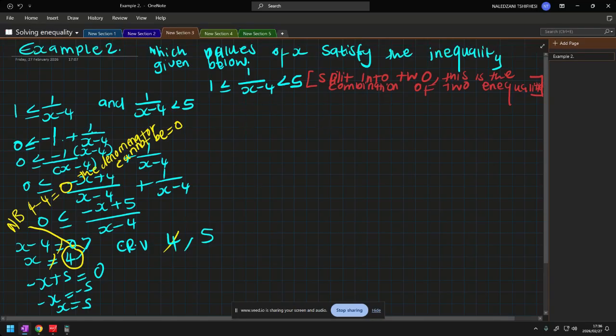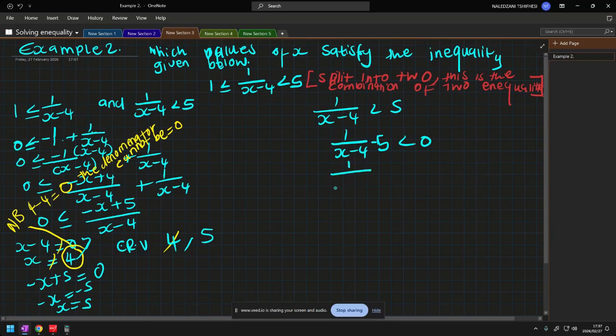So this one is the second one, and it's going to be 1 over x minus 4 less than 5. We're going to move everything to one side, which is going to be 1 over x minus 4 minus 5, less than 0, right?